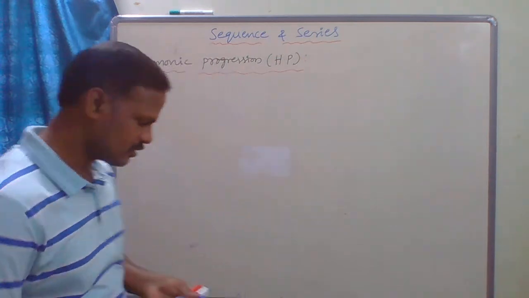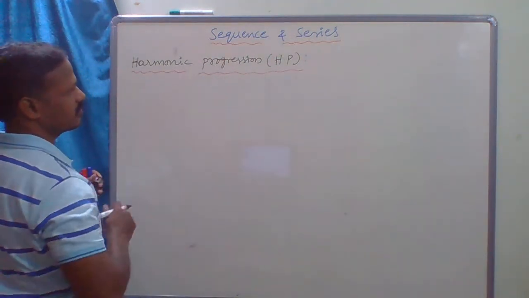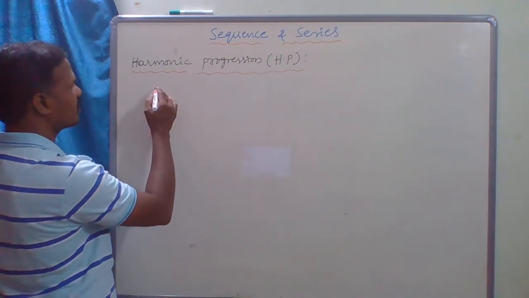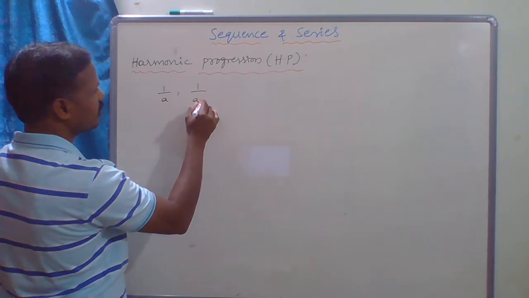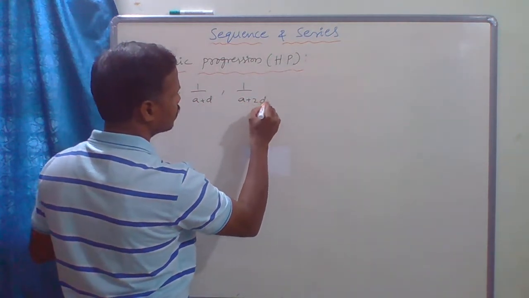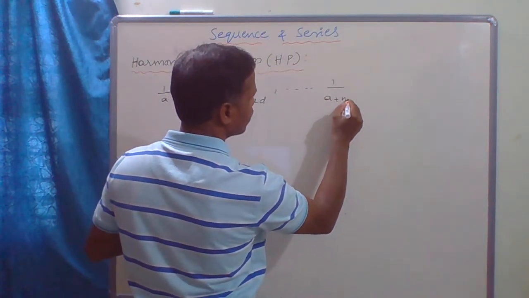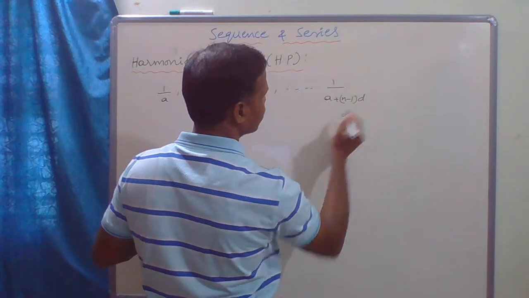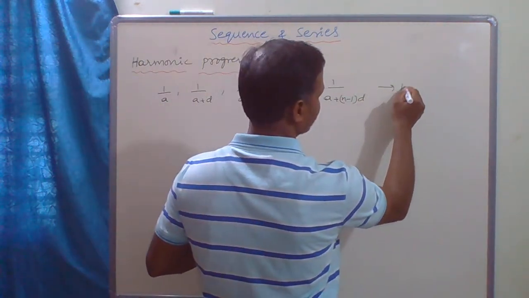So in general, the terms in a harmonic progression are of the form 1 by a, 1 by a plus d, 1 by a plus 2d, and so on, 1 by a plus n minus 1 into d. So these are in HP.